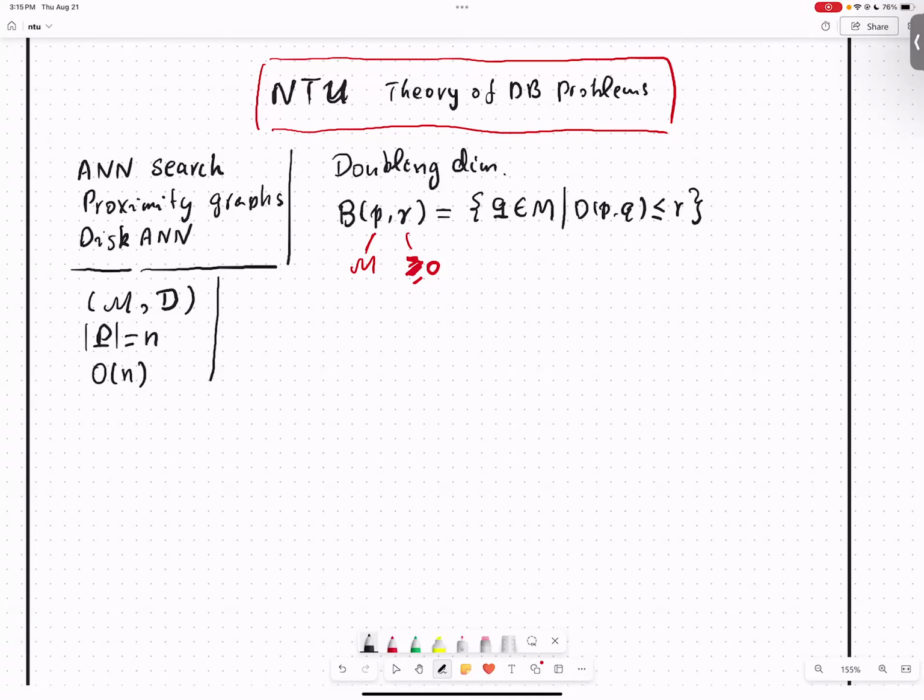Now the doubling dimension says this. What is the smallest value lambda that you can find to satisfy the following property?